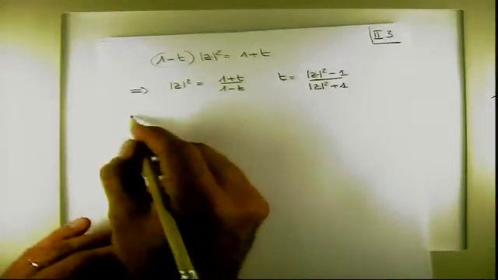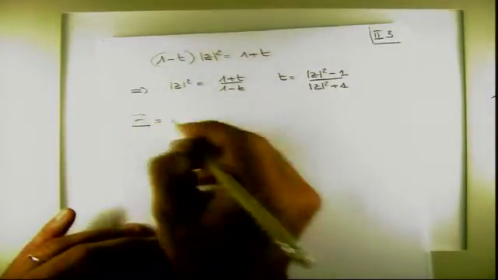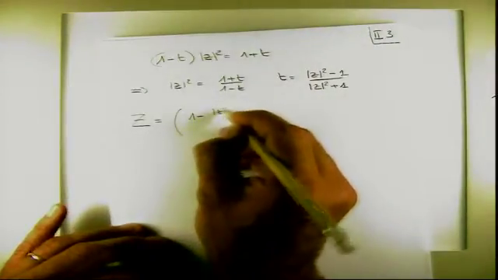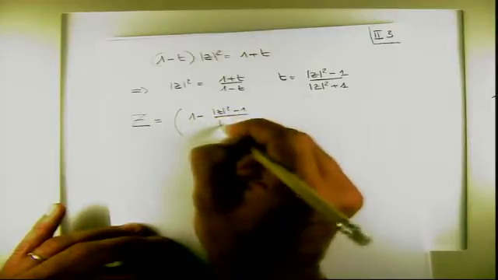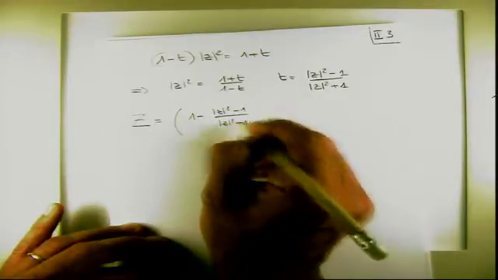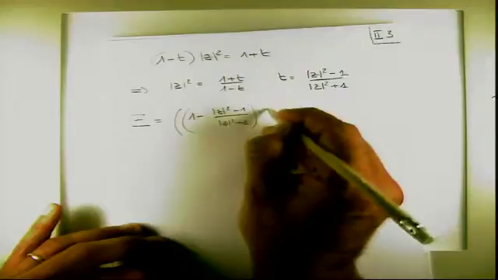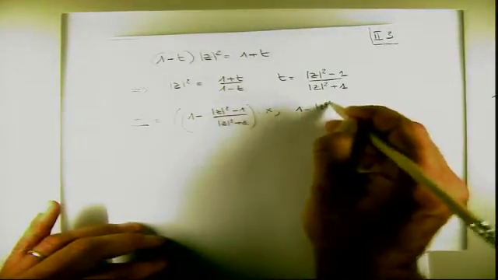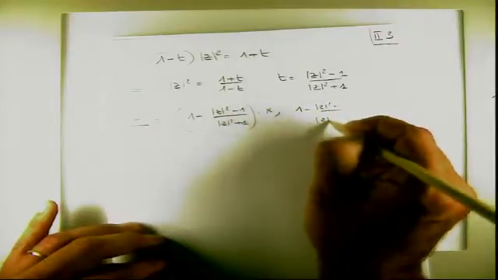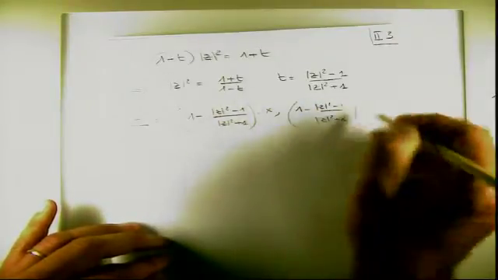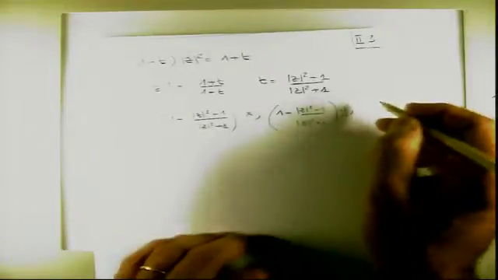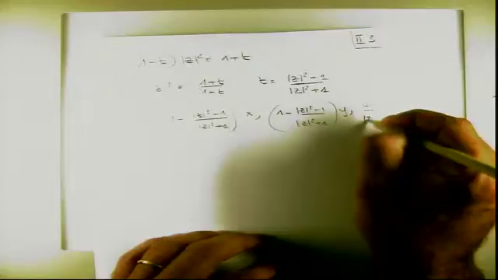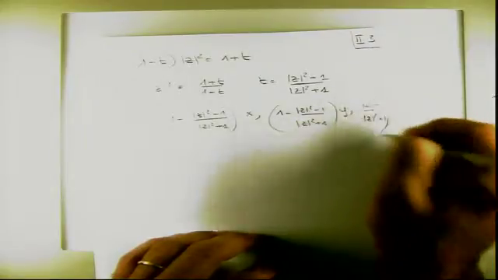So capital Z, this point in R3, is 1 minus modulus of z squared minus 1 over modulus of z squared plus 1 times x, 1 minus modulus of z squared minus 1 over modulus of z squared plus 1 times y, and then the final is modulus of z squared minus 1 over modulus of z squared plus 1, which is t.